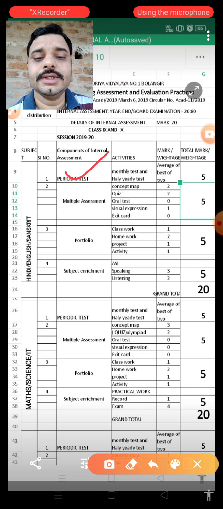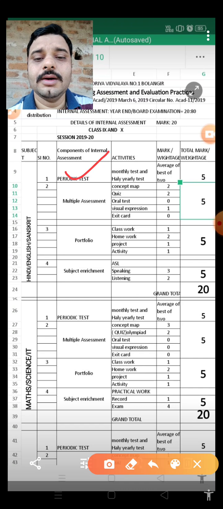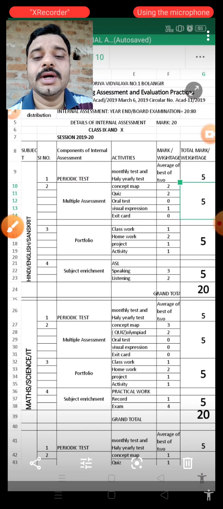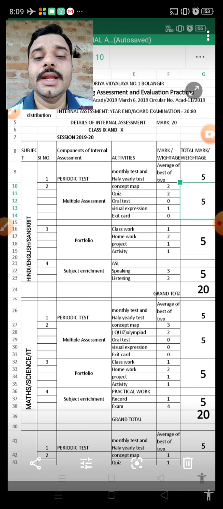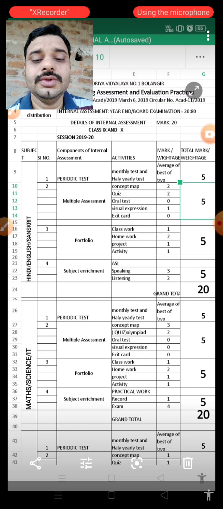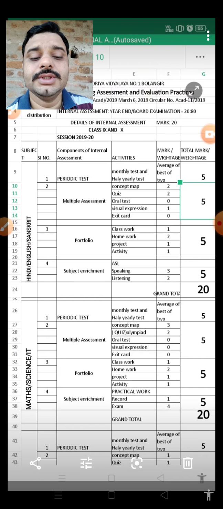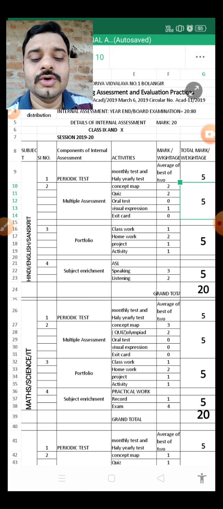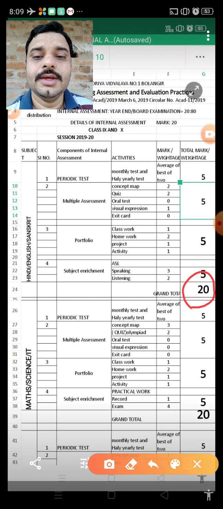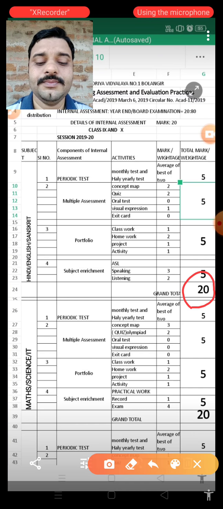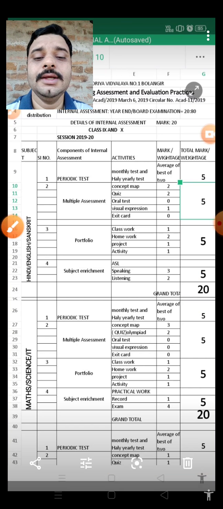It is not only periodic test, actually best two tests within the year, then multiple assessment, then another is portfolio, and then subject enrichment. So these are the broad divisions, and from these divisions you will accrue 20 marks in total. So what are these 20 marks? Let me explain to you in detail.